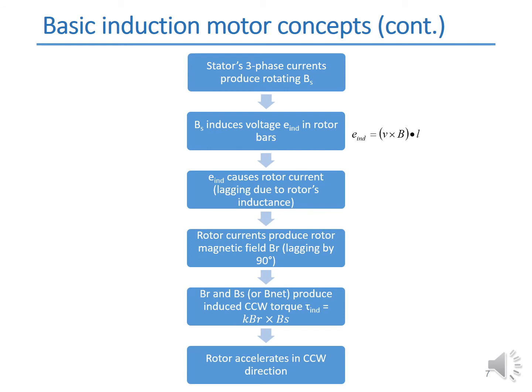This current in the rotor winding will produce another magnetic field called BR, and the presence of BR and BS will produce the induced torque following the expression k BR cross BS, yeah. And then the torque will cause acceleration of the machine, and the machine will gain speed until its speed gets very close to the synchronous speed, yeah. Especially when there is no load connected to the motor.